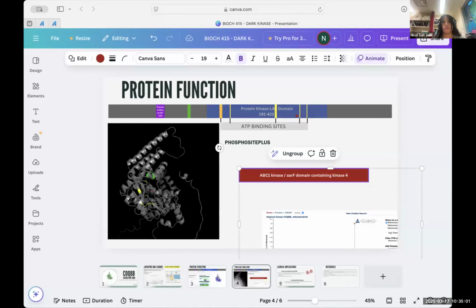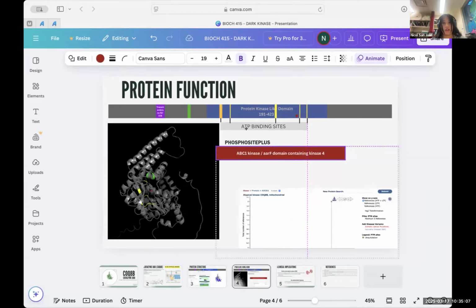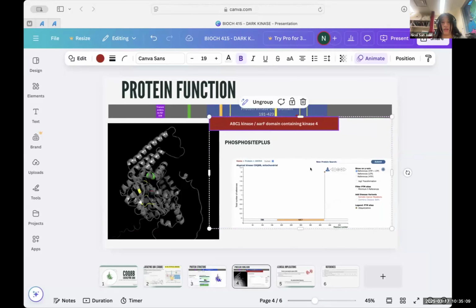But further research is still needed to fully understand the catalytic properties. Then this is PhosphoSitePlus. It shows that there could potentially be a ubiquitination site in terms of post-translational modifications. But again, this kinase isn't really as well studied.